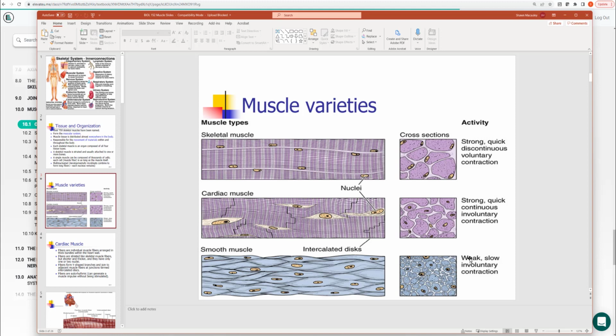It's weak, it's slow. This is like the turtle and the hare. This is the turtle, slow moving muscle. It's relatively weak, but it keeps on working and it slowly gets the job done. And as you know, it's involuntary. So this is a nice slide to compare and contrast the three muscle types.